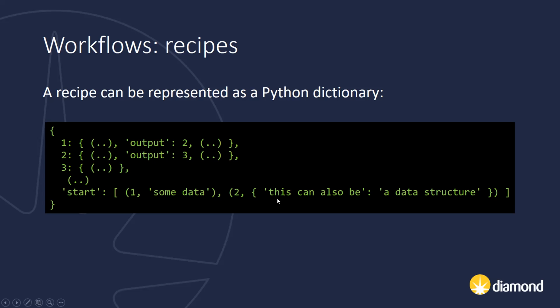And independently, in this example, step 2 will also be sent a separate message, containing the contents of this dictionary, and again that will send any output to step 3.